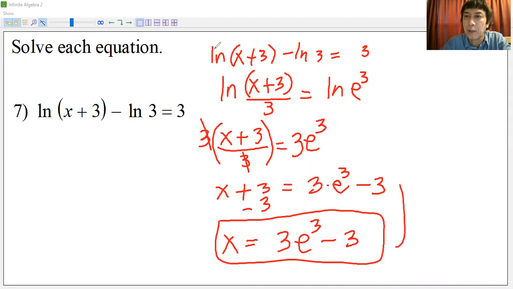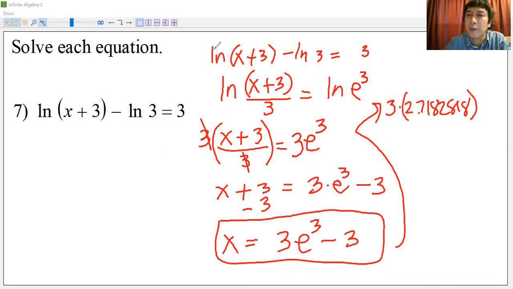You simply do it this way: 3 times 2.718 (2.7182...) raised to 3 minus 3. It's something like this, and you'll be able to get the answer, all right? Okay, but we're not required to get that. You'll be able to get that numerical value. This is just the equivalent.